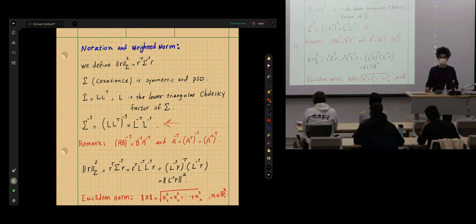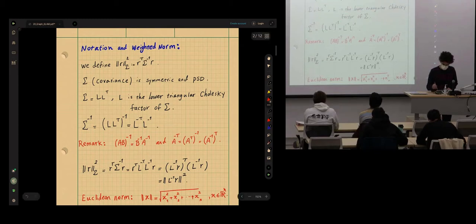And from linear algebra, we know that (AB) inverse is B inverse times A inverse. And the notation A superscript negative T is just a way to show that this is the inverse of A transpose, or the transpose of A inverse. They're the same.